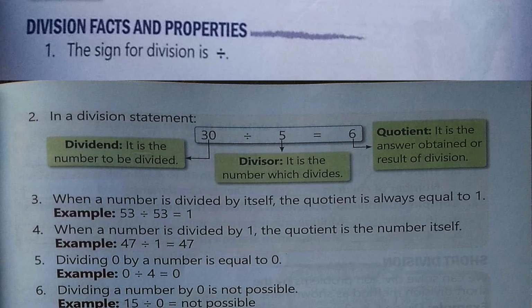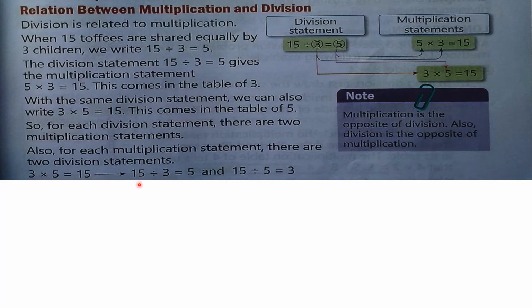Now see the relationship between multiplication and division. How are multiplication and division related? See here, this is the division statement and this is the multiplication statement. Division is related to multiplication.